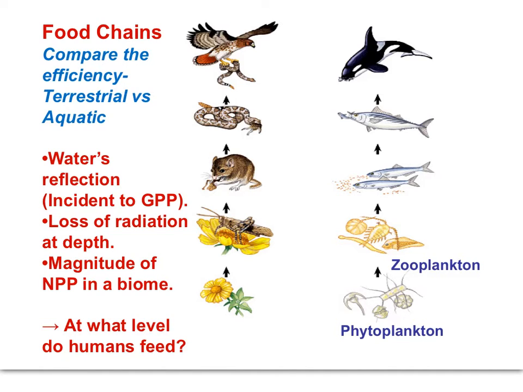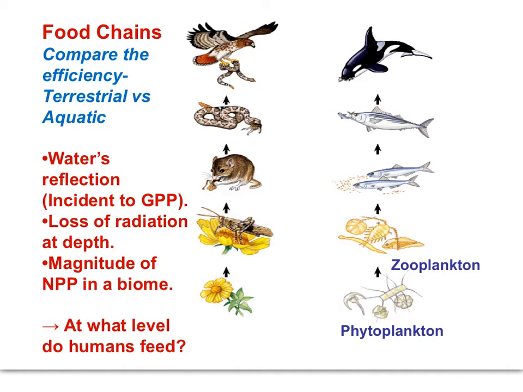As well, producers at depth will receive less solar energy due to the absorption of light by the water. So the NPP of aquatic systems is less than the NPP of terrestrial systems. Now, NPP will vary biome to biome, and a greater NPP could support longer food chains. Thus, the terrestrial food chain could be longer as a result of higher NPP at the base.